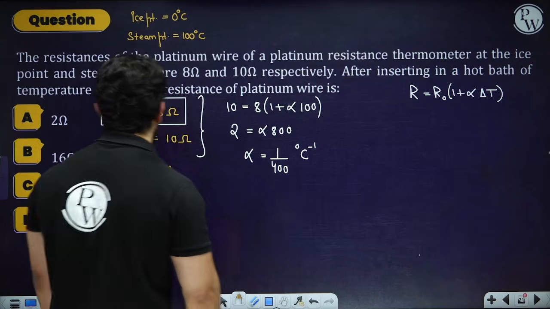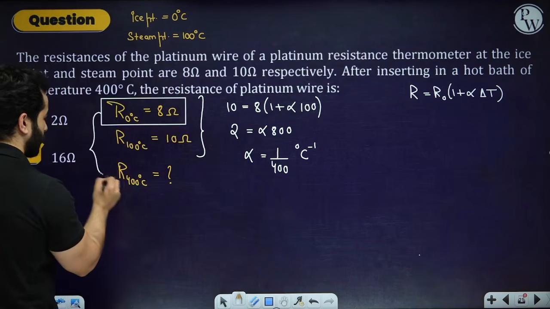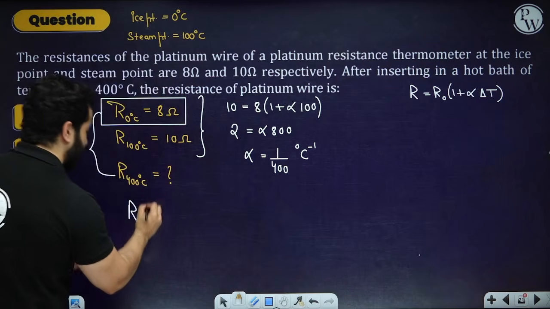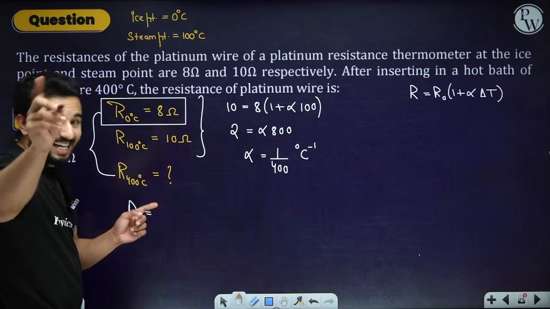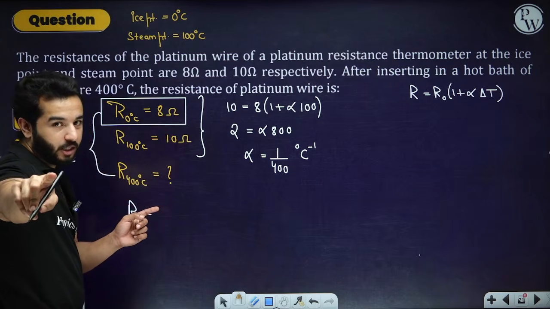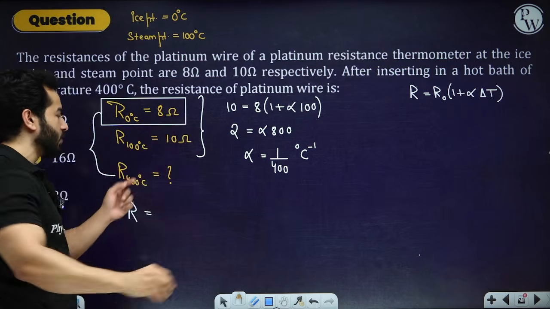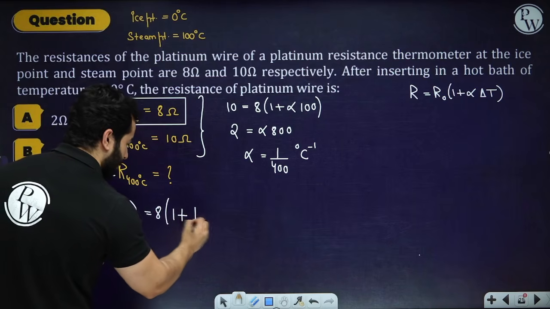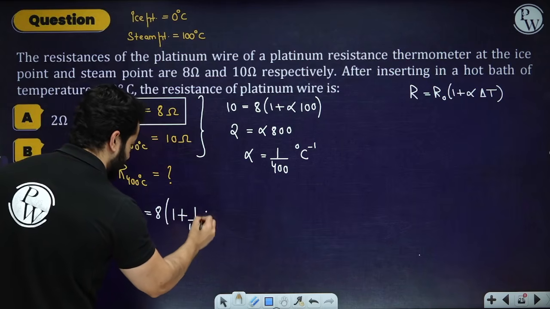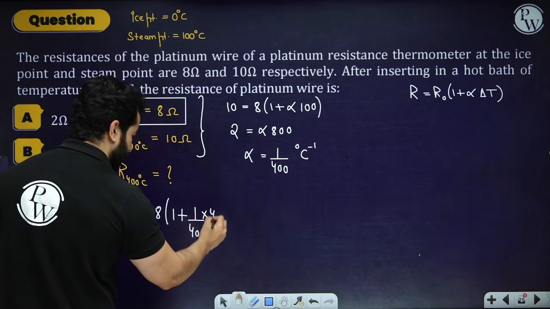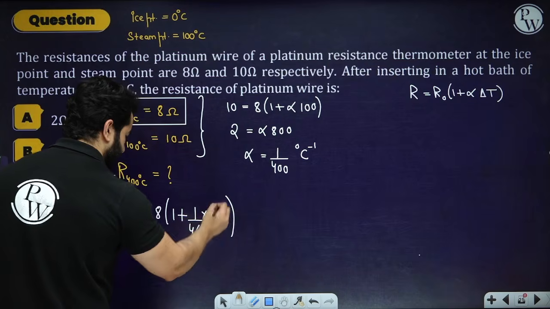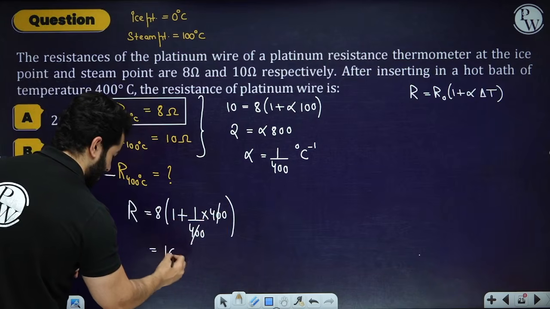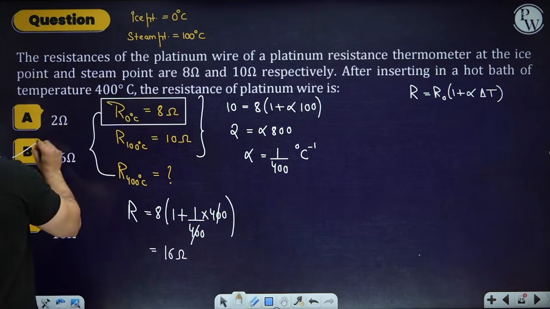Now let's take these two and write resistance at 400 degree Celsius, again taking the reference at temperature 0 degree Celsius. So this will be 8 times 1 plus alpha times the change in temperature, now 400. This gets cancelled out, this will be 2, this will be 16. So the answer should be 16 ohm, option B.